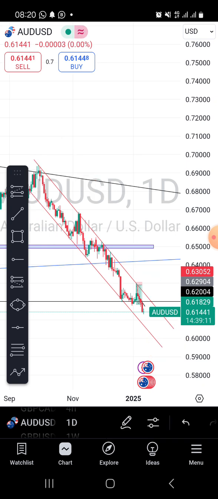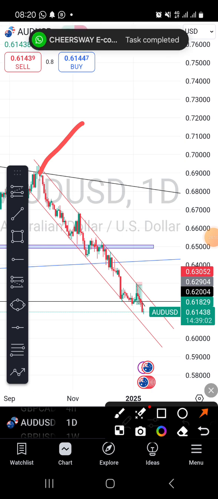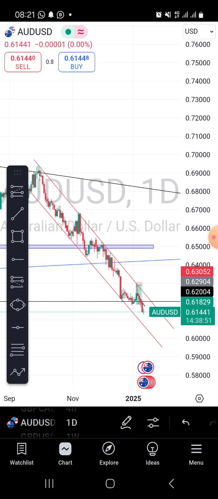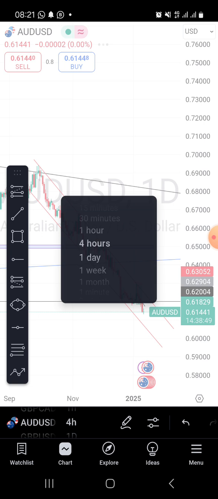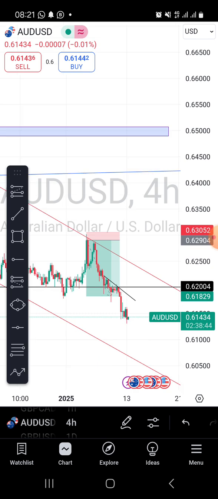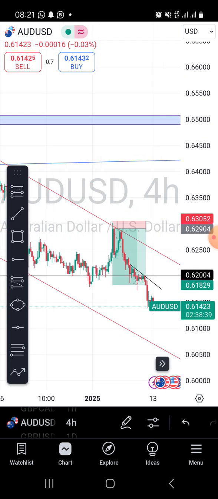However, I think I got this trade to here last week. There was a touch on the trend line, so the first touch here, the second, the third, and yeah, it came for the fourth here. So let me go quickly to the H4 of this. So here was my trade last week.